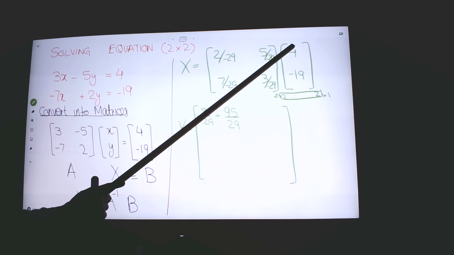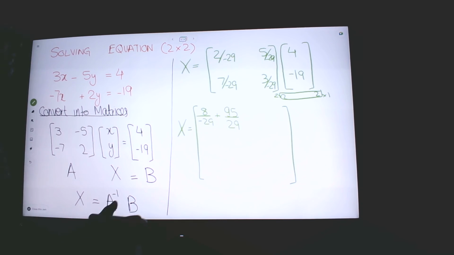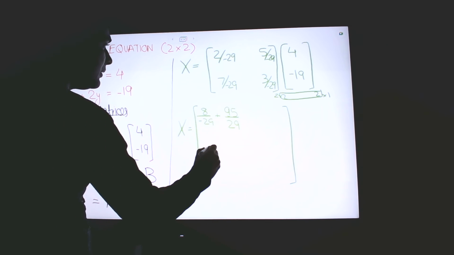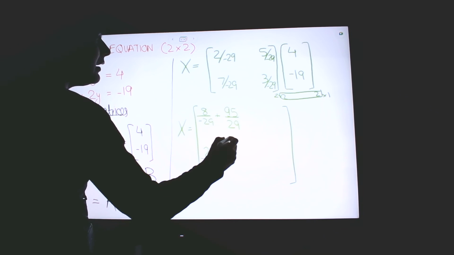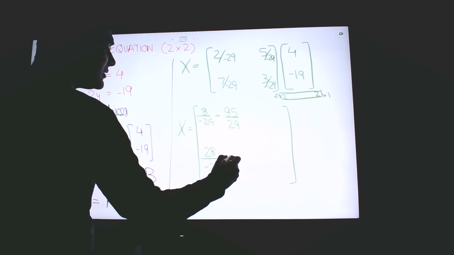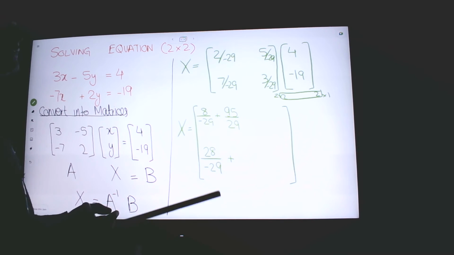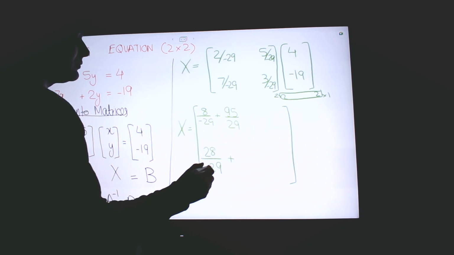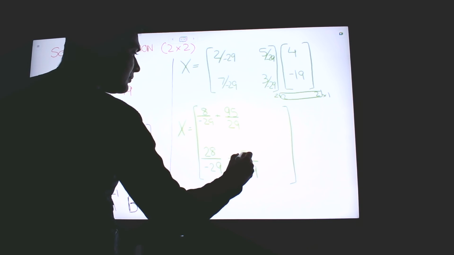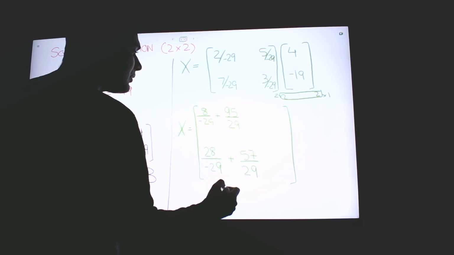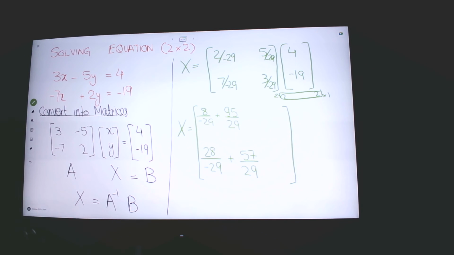What's 7 times 4? 28. And that's minus, and minus times minus makes a plus. And what's 3 times 19? 57.